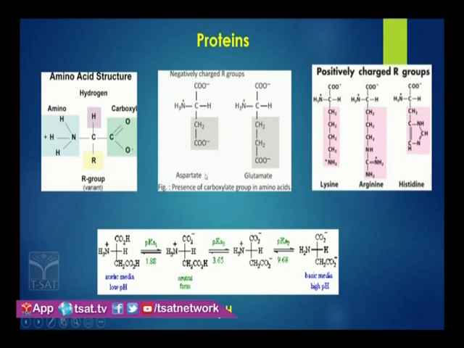And the charge on these ionizable groups is highly influenced by the pH of the surrounding medium. So, whenever we are going to separate proteins, we always have to take care that the pH of the surrounding medium is kept constant. Okay? Let us see with an example.